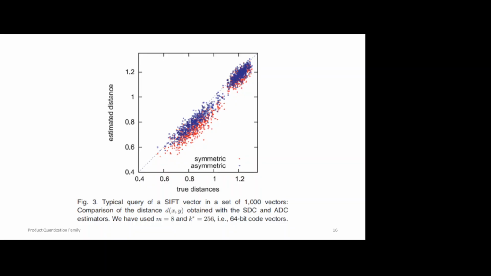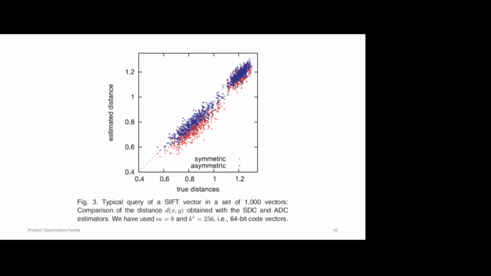You see the distribution for a set of 1,000 vectors. For any two points, you calculate the distance. The symmetric one is the red point, and the asymmetric one is the blue point.